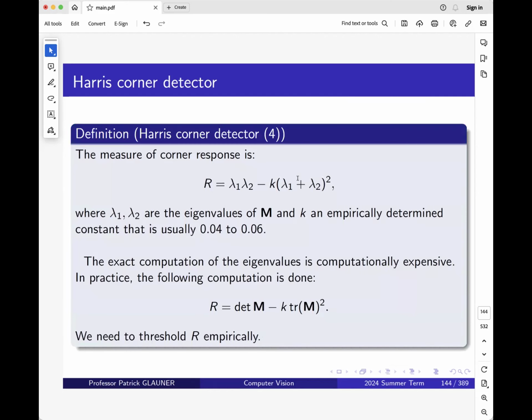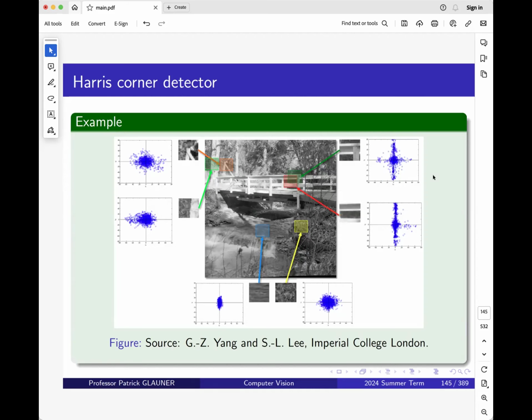Taking this into account, you can calculate this corner response like this, because you have the product minus k times the sum squared. If you blend the two eigenvalues in this way, you can calculate a corner response by taking advantage that in a proper corner both eigenvalues are large, and around a straight line only one of the eigenvalues is large. The other one is small.